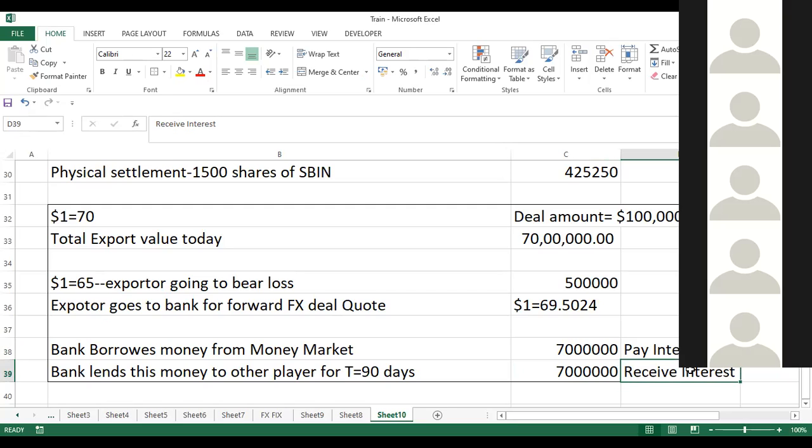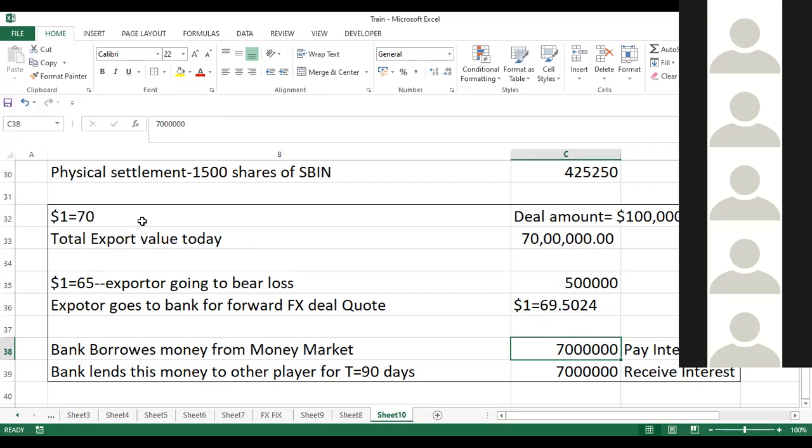So they are earning interest here and paying interest here, and that interest is offset largely, or even if they are earning more by lending this money to their customer, that is also possible.